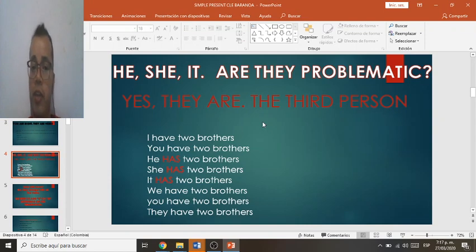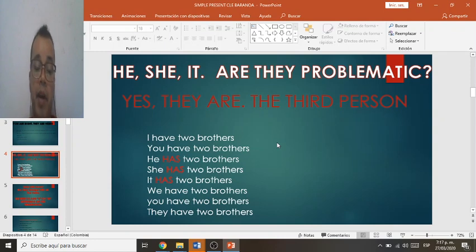But not only he, she, and it, because if I say Susana, problematic or not? Yes, because Susana is she. If I say Enrique, problem or no problem? Yes, because Enrique is he. The cell phone, problem or no problem? Yes, because the cell phone is it.